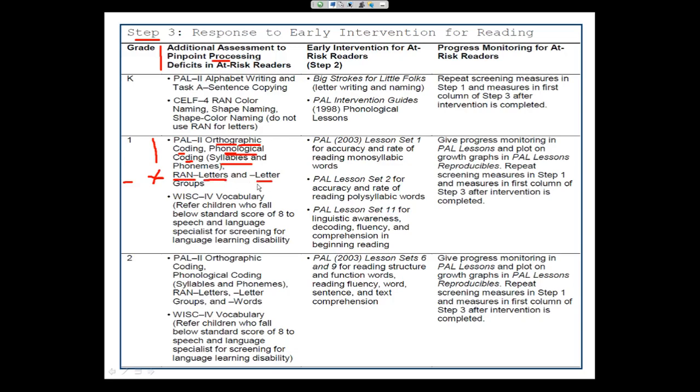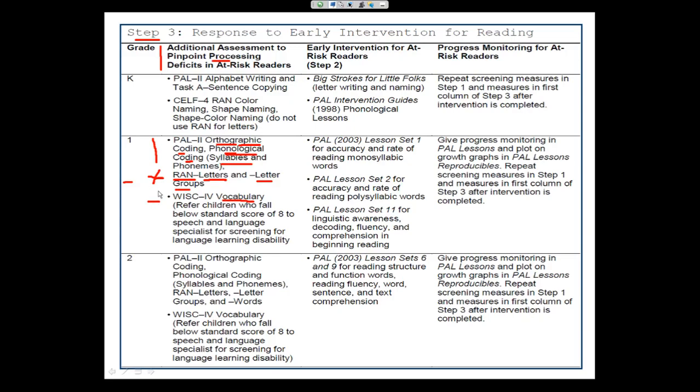Maybe not so much letter groups, but certainly you want to administer that component because ultimately we want a child to be able to name the words fluently. You may also administer a vocabulary test because, again, if a word is part of my speaking vocabulary, I'm more likely to be able to associate the written word with a word with which I'm already familiar. So that's another component because vocabulary is really important when you're thinking about reading.